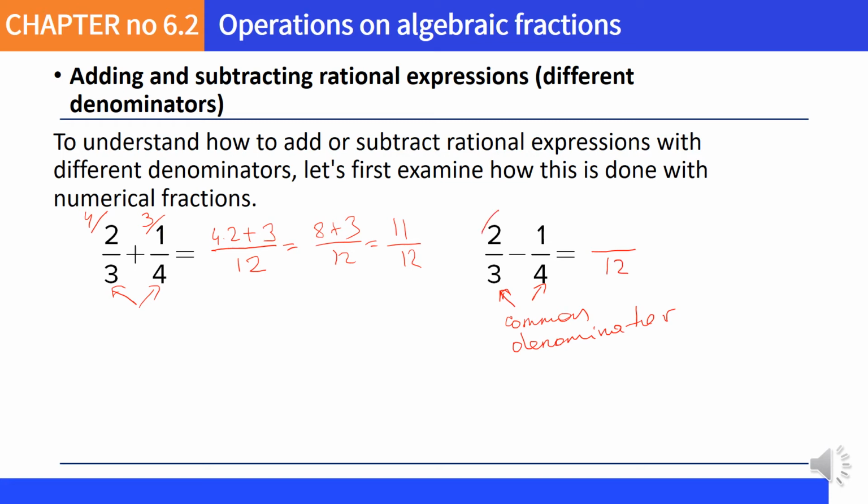So we multiply the first fraction by 4 and the second fraction by 3. So 4 times 2 minus 3, it will be 8 minus 3, it will be 5 over 12. In the same way, we do these operations with rational expressions.